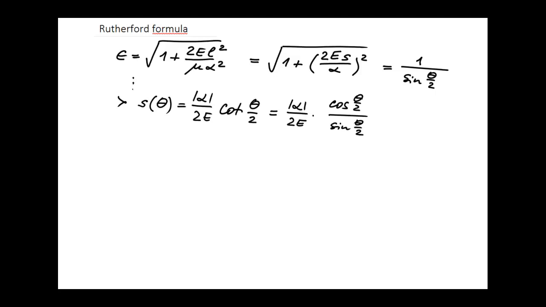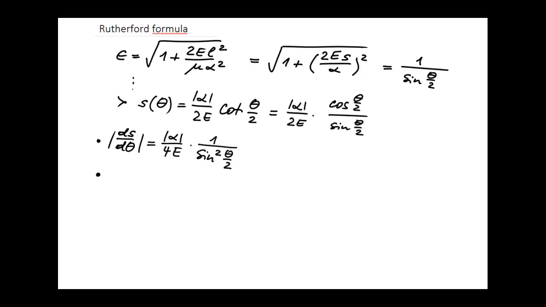What features in the formula for the differential cross-section is also the derivative of that function. So we should determine that the derivative, ds over d theta, absolute value, this is absolute value of alpha divided by 4E, and then the derivative of the cotan is 1 over sine squared. So we have 1 over sine squared of 1/2 the scattering angle. So this is something that we will need.